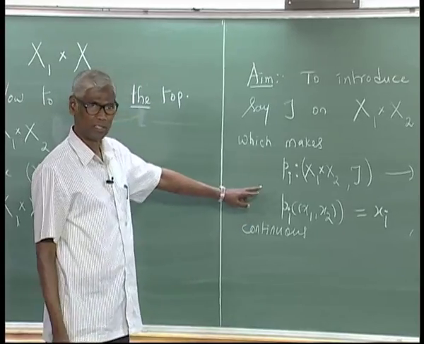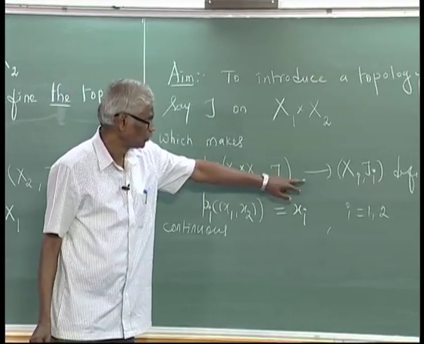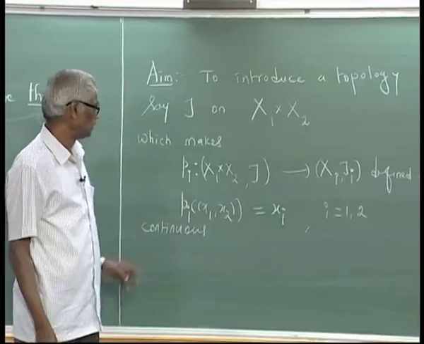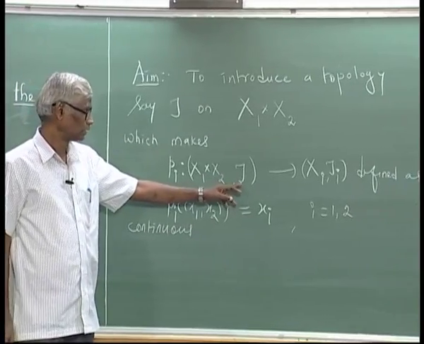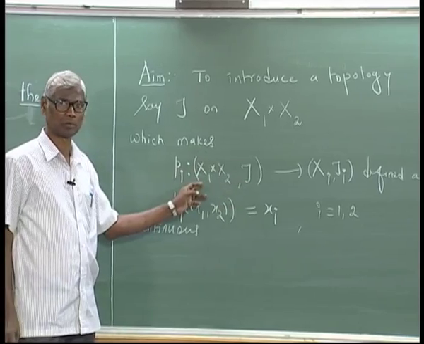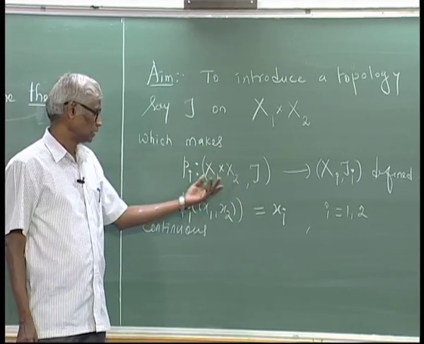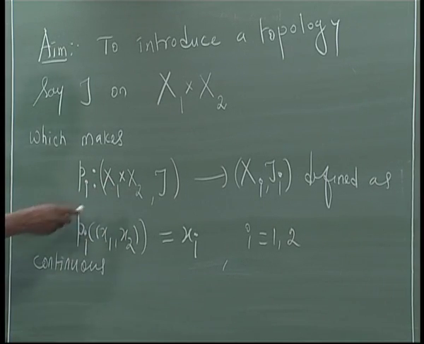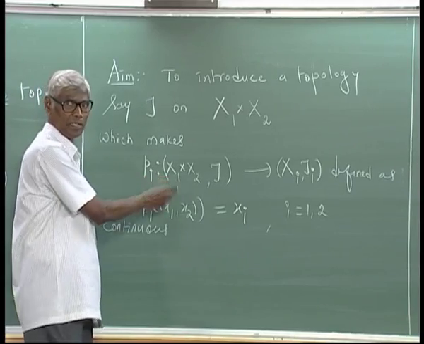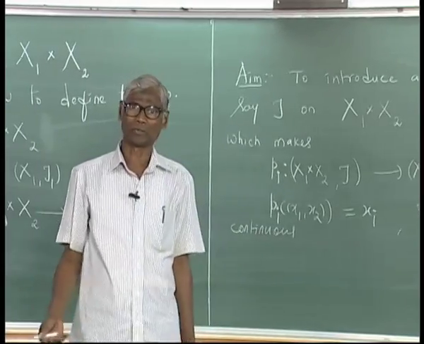We just do not want to define any arbitrary topology tau on this Cartesian product. The easiest thing is to define the largest topology, namely the discrete topology.